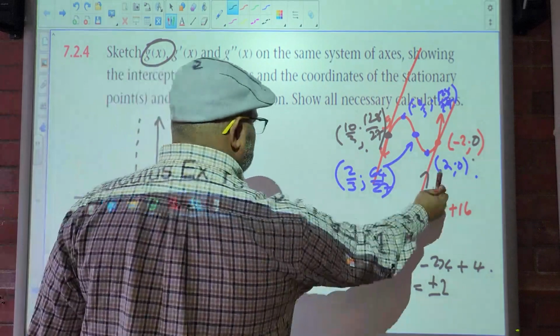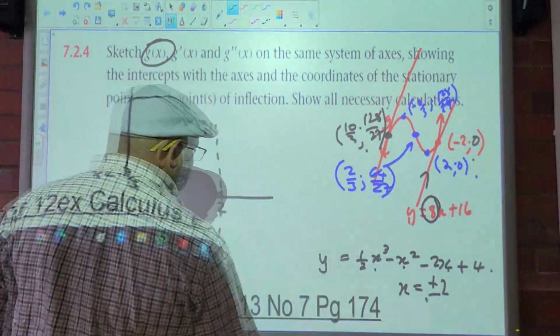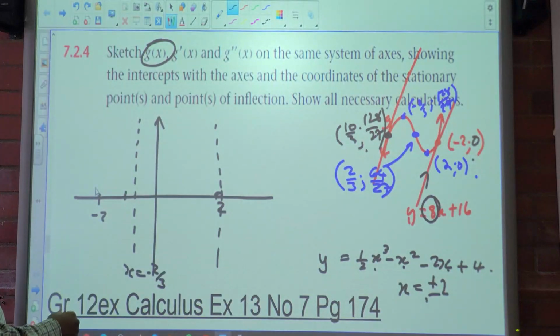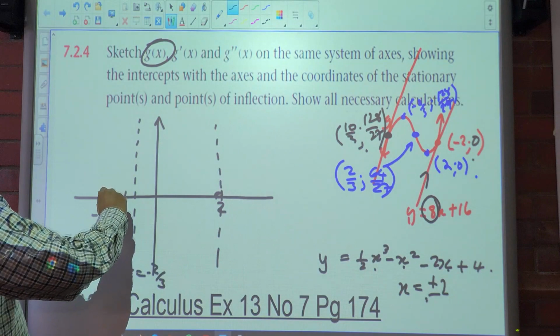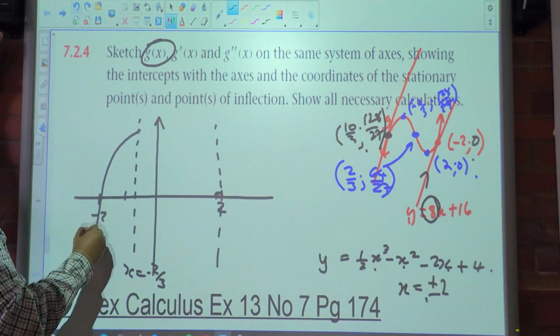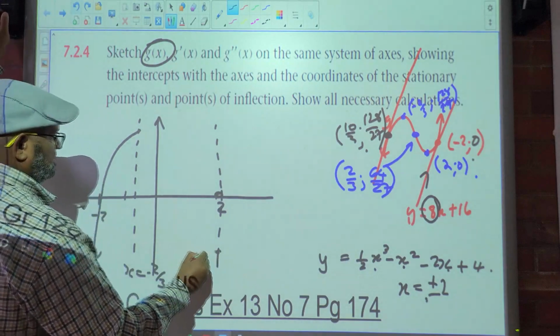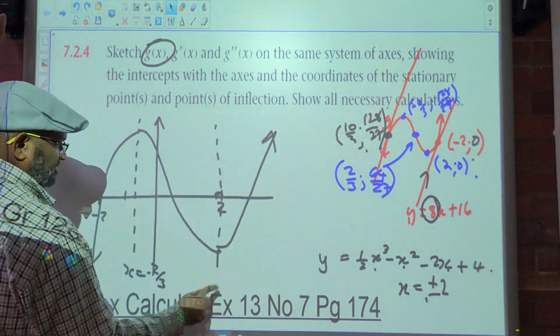The other turning point is at 2 and 0, which explains the double solution we got. So the graph is going to go up. You rather draw it from the turning point, it's easier. There's the graph.